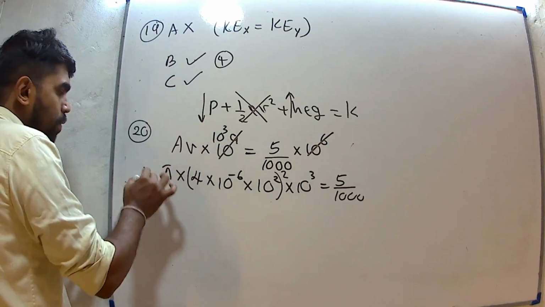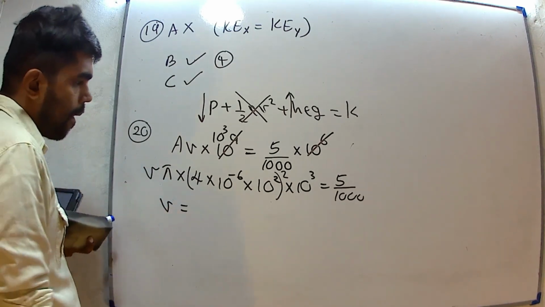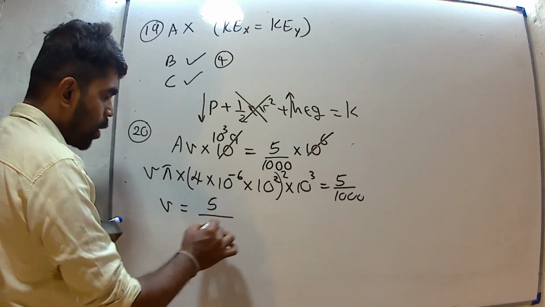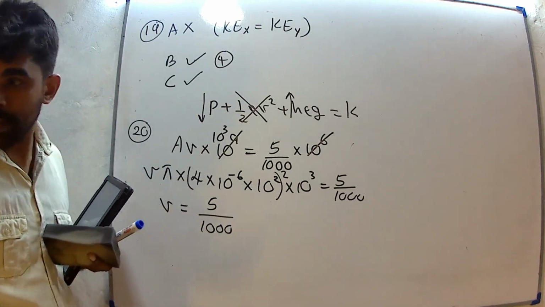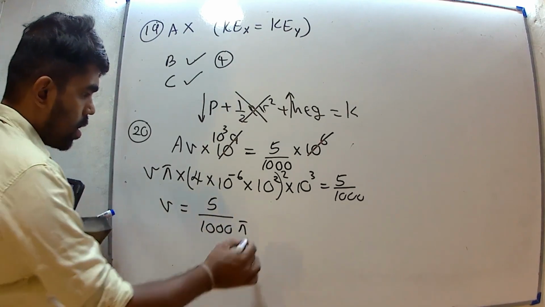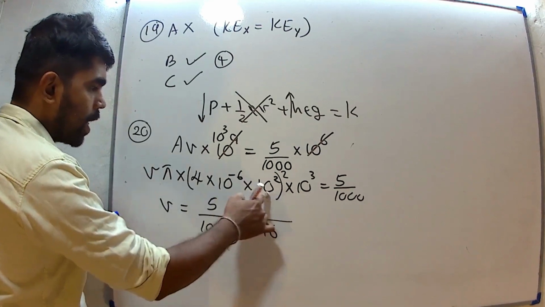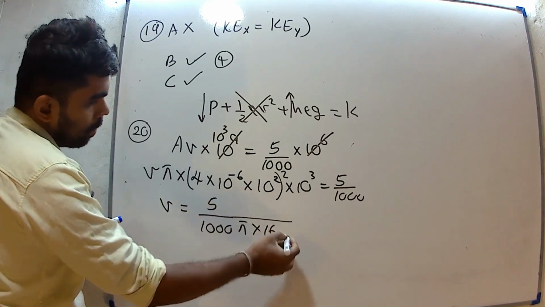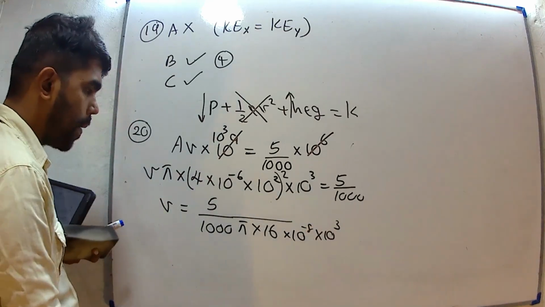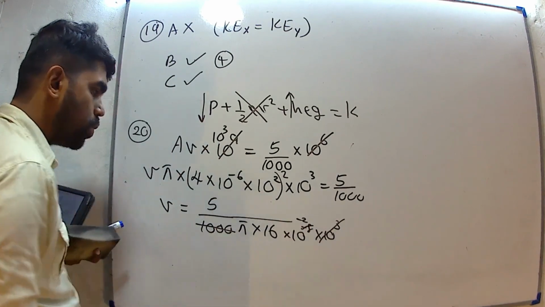We multiply by v, then we simplify it. 5 divided by 1000, divided by 5. 4 squared is 16. 10 to the power minus 4 squared is 10 to the power minus 8, into 10 to the power 3, then 10 to the power minus 2.